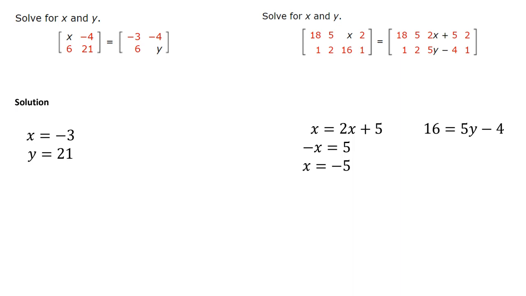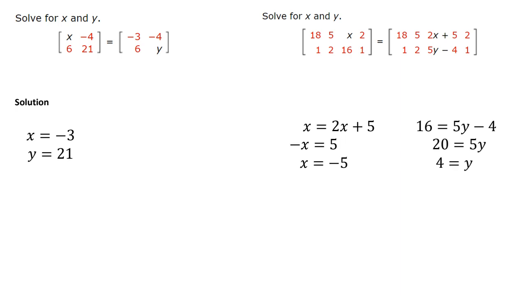There's one of our answers. Let's solve for y. I'm going to add 4 on both sides, so 16 plus 4 is 20, equals 5y. Then I'm going to divide by 5 on both sides. 5 divided by 5 is 1, giving me y, and 20 divided by 5 is 4. So now I have my solution: x equals -5, y equals 4.